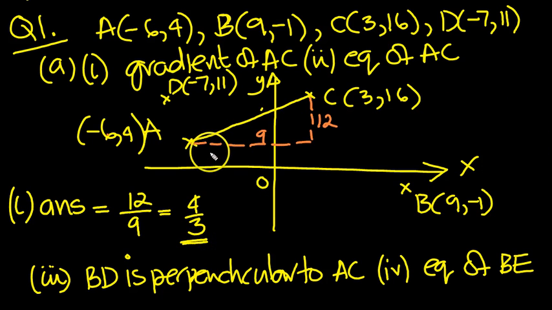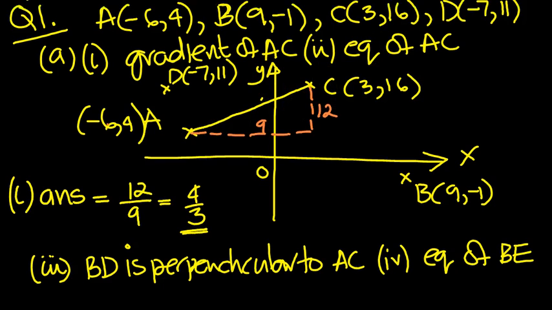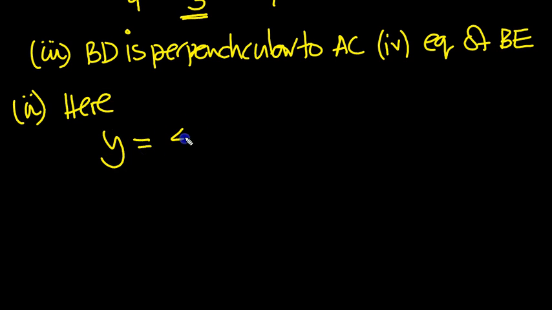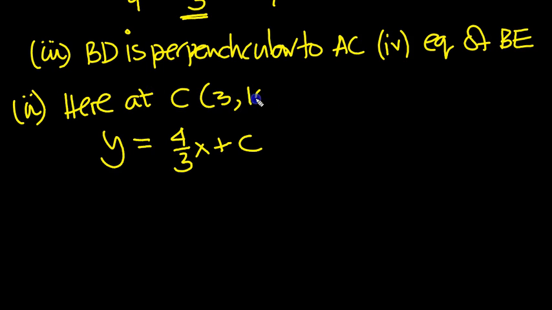Now the equation for AC, from A to C, well, we know the gradient and we know the points, don't we? The C point is 3, 16, so part 2. So here, I'm going to write down y equals mx plus c, but straight away I'm going to put the gradient in for that line AC. And at C, which is the point 3, 16, put the value in. This line goes through this point, so we can put in these x and y's and find out what c needs to be.